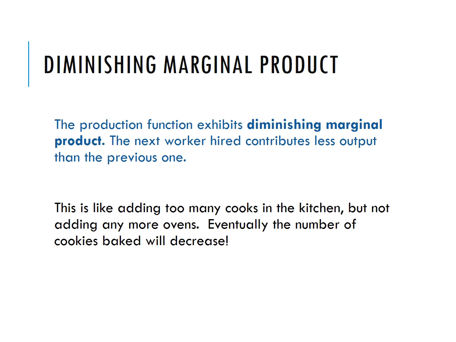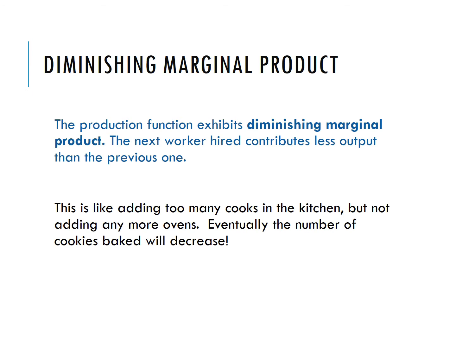In this case, diminishing marginal product of labor. So basically it just says that when you hire an additional worker, they might produce more. They might produce a positive amount, but they produce less than the previous worker did.